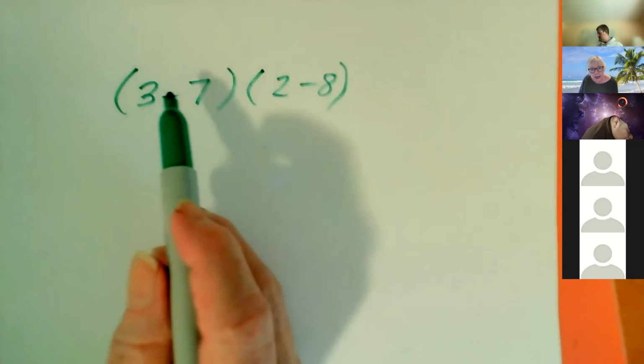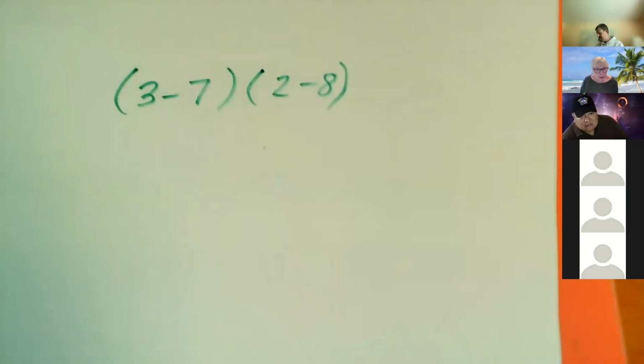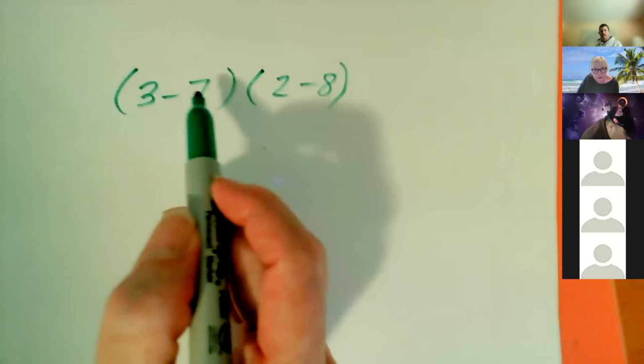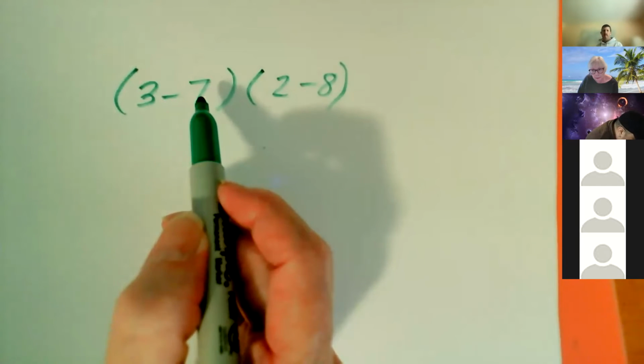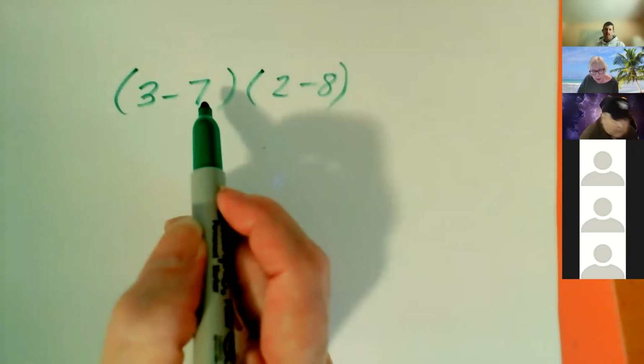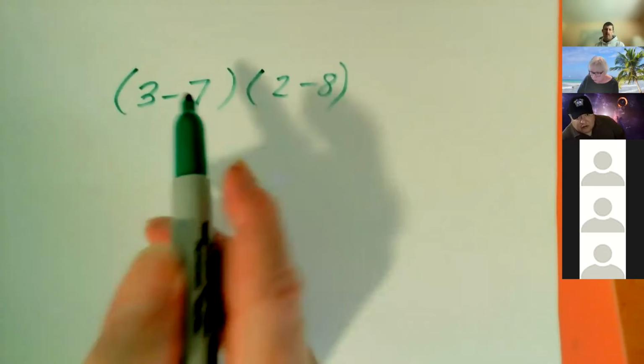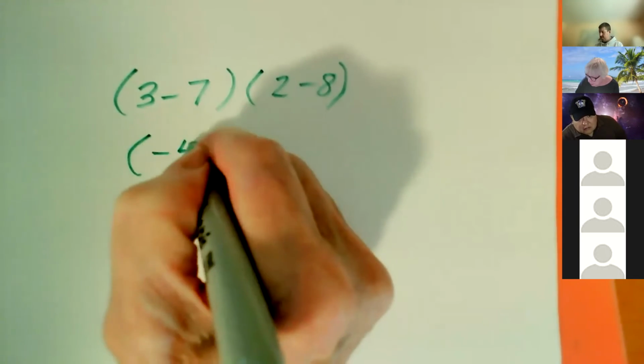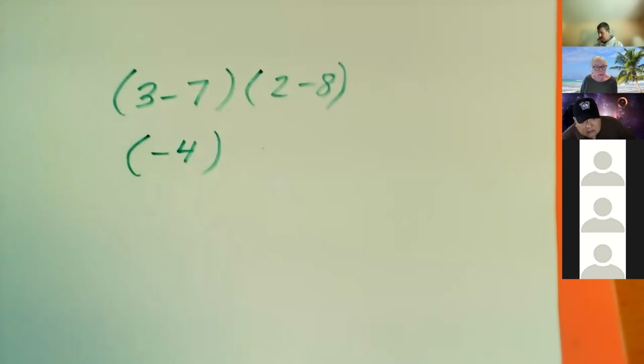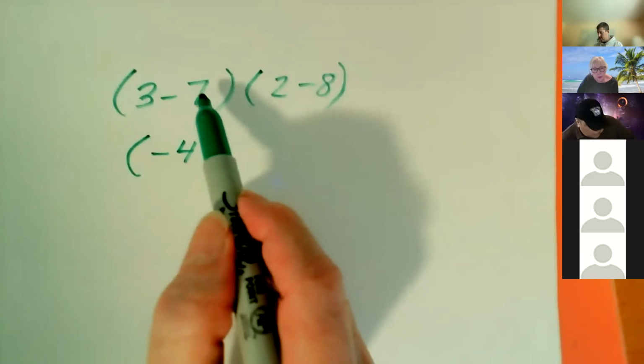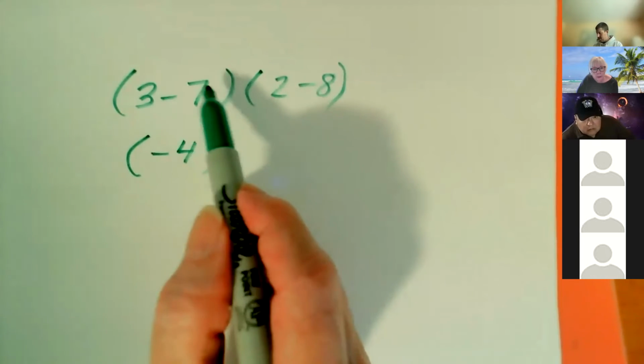For instance, 3 take away 7. Obviously, you didn't have enough to subtract 7, did you? Can anybody see what that is? Just that problem? -4. It is -4. It's using the same rules, but we definitely went below 0. And how much did we go?